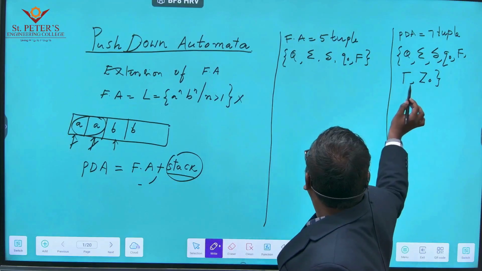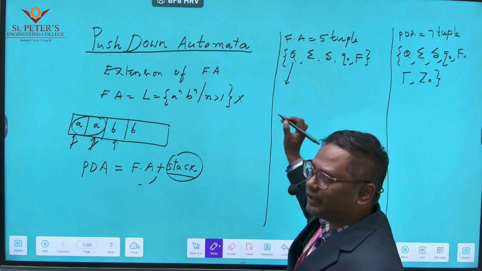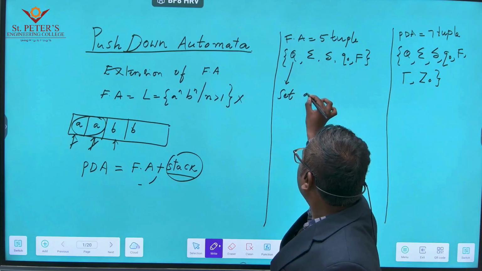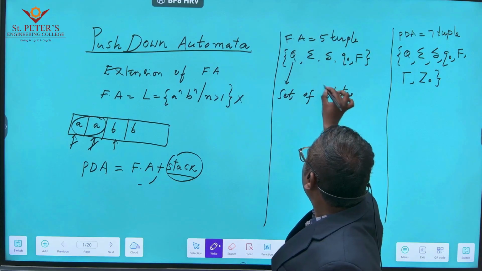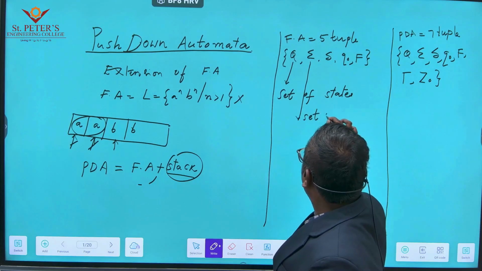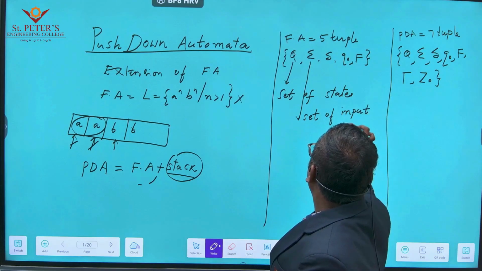What does capital Q here indicate? Capital Q indicates the set of states. Likewise, sigma indicates the set of input alphabets.